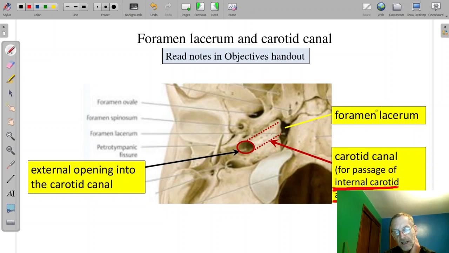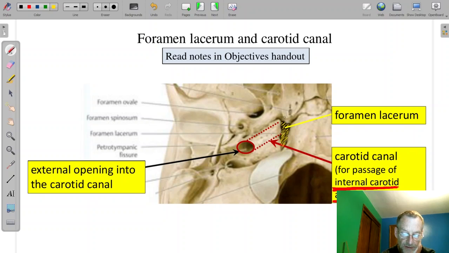And then after death and all soft tissue has been removed, you wind up with a foramen lacerum that is normally not present in life because it's filled with soft tissue, as the next slide will illustrate. So we're working on the carotid canal and the foramen lacerum.